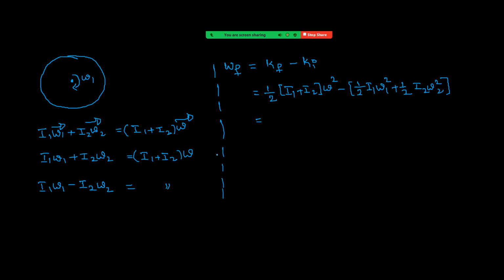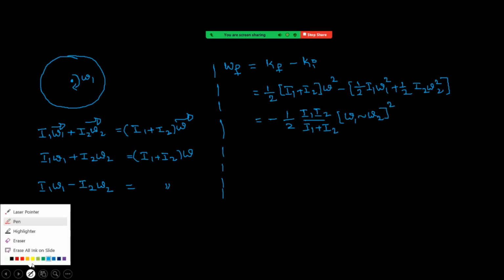So this value depends on what we are choosing here. Okay. So here I am generalizing. So this will come negative because energy is lost. This will be minus half I1 I2 upon I1 plus I2 into omega 1 difference omega 2 whole square. Wait, here in the place of difference, let me correct it.